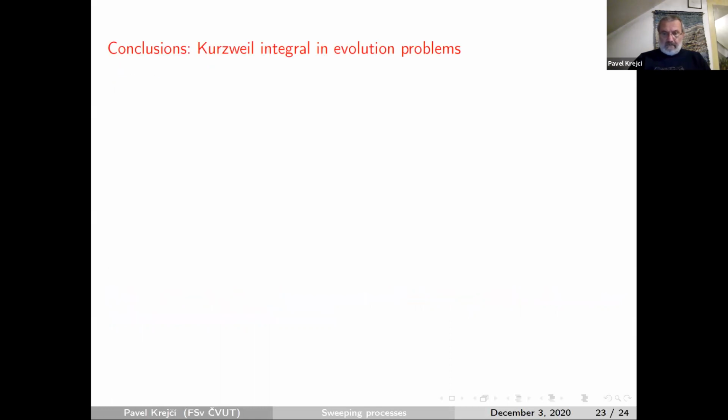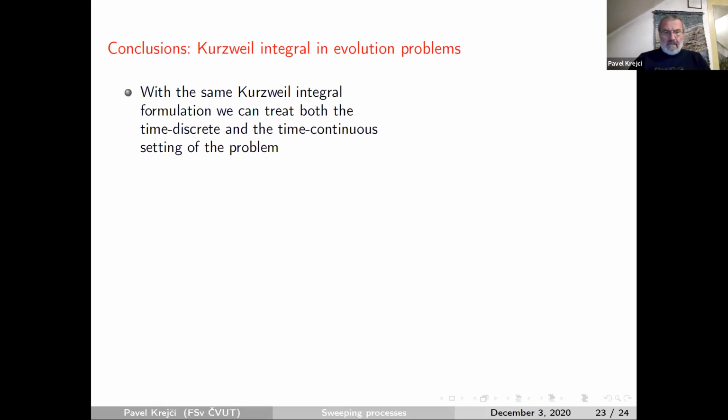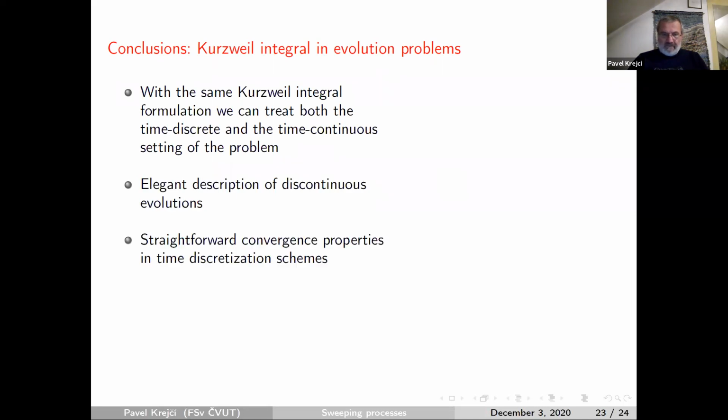And now I'm coming to the end. So, Kurzweil integral. I was trying to convince you that with the same Kurzweil integral formulation, we can treat both the time discrete and time continuous setting of the sweeping process. This gives, in my opinion, an elegant description of discontinuous evolution because we have a unique formula for continuous and discontinuous.